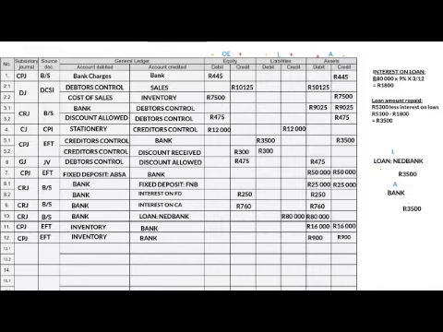So since we are making a payment, the journal will be cash payments journal. It is directly from our bank statement. So our source document is bank statement. The account debited is loan Nedbank.